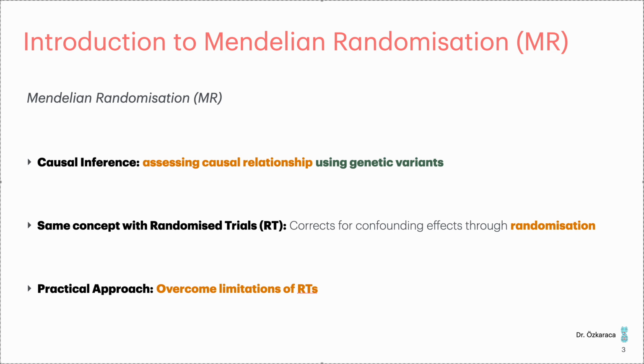But MR is also practical and overcomes limitations of randomized trials, which again I will explain in the next slides in detail. But in summary, MR combines the rigor of randomized trials with the flexibility of observational studies, making it an invaluable tool for evaluating causal relationships in modern research.